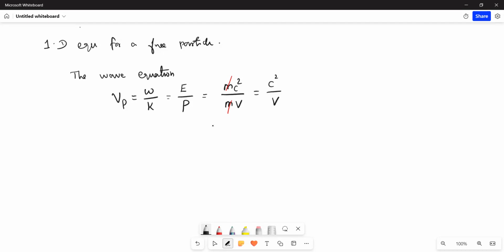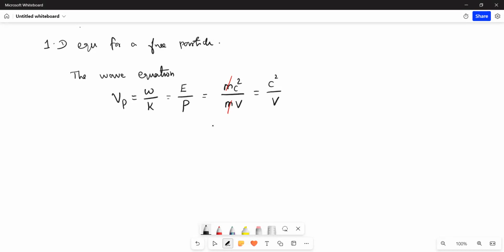So from this we can say the phase velocity is omega by k, or E by P, or c square by v. Now we need to think about another equation for the energy and the related formula for energy and momentum.